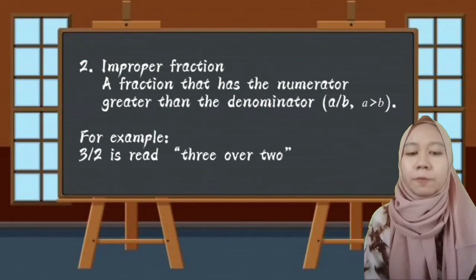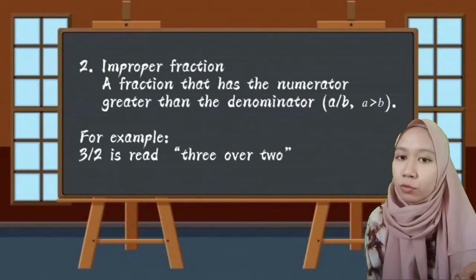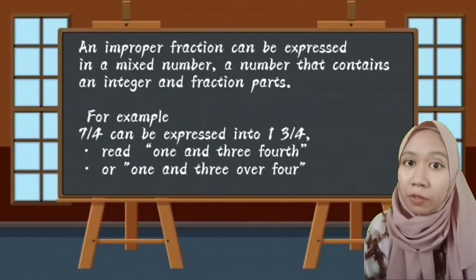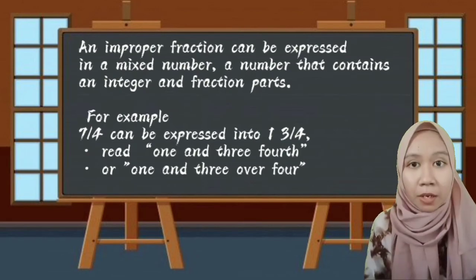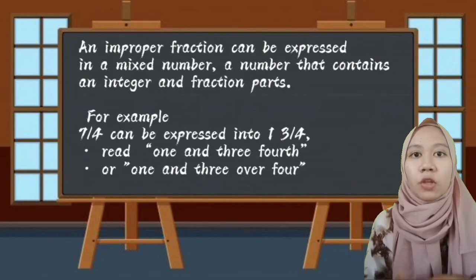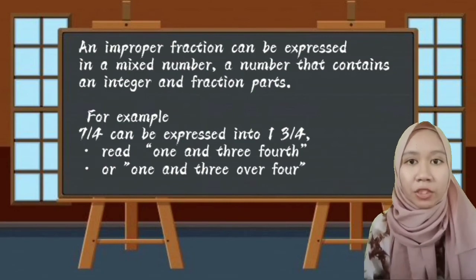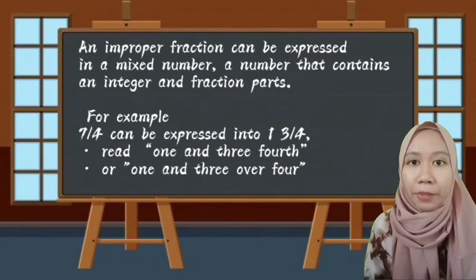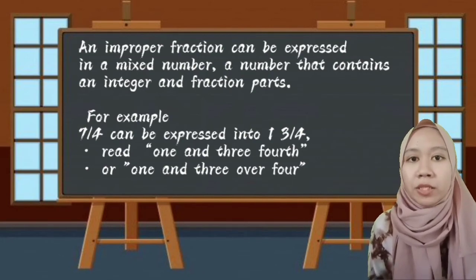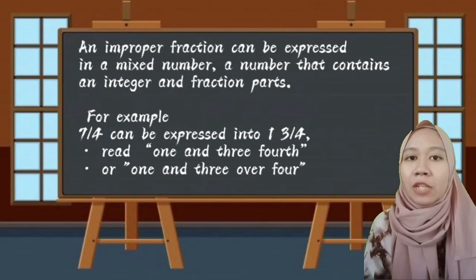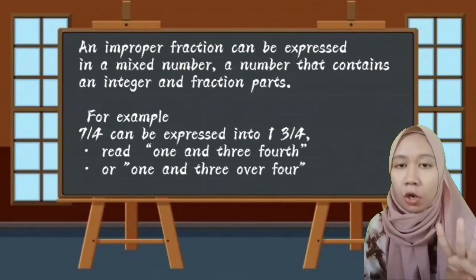For example, 3/2. An improper fraction can be expressed as a mixed number, a number that contains an integer and a fraction part. For example, 7/4 can be expressed as 1 and 3/4.